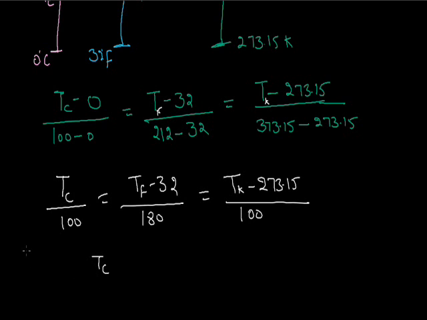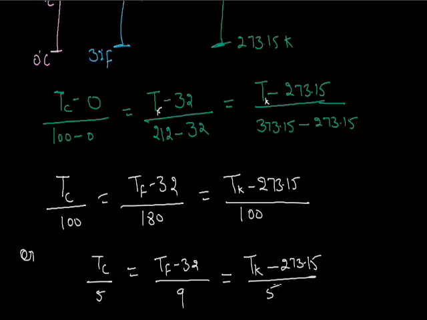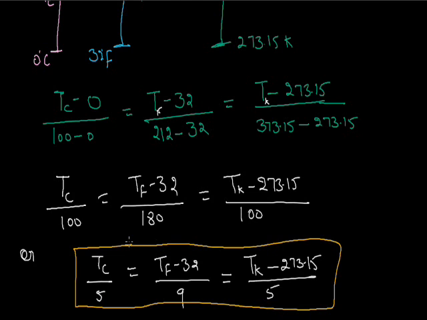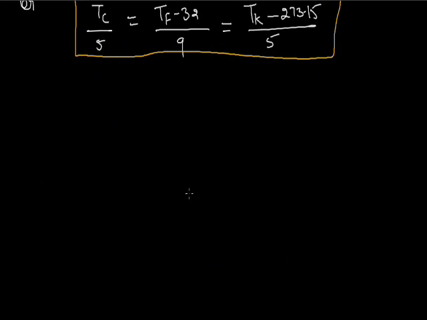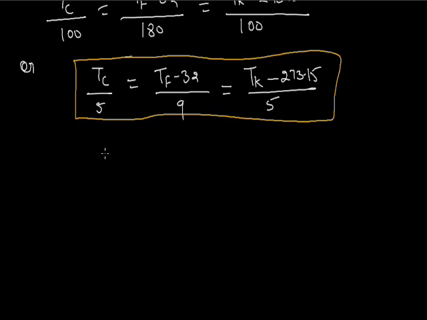Or we can write Tc divided by 5 is equal to Tf minus 32 divided by 9 is equal to Tk minus 273.15 divided by 5. This is the relation between degree Celsius, Fahrenheit, and Kelvin. This is very important.